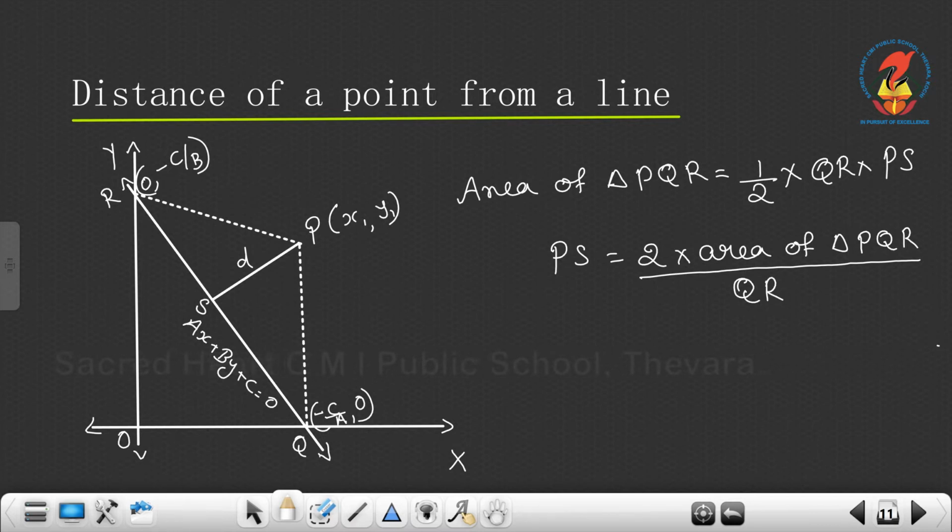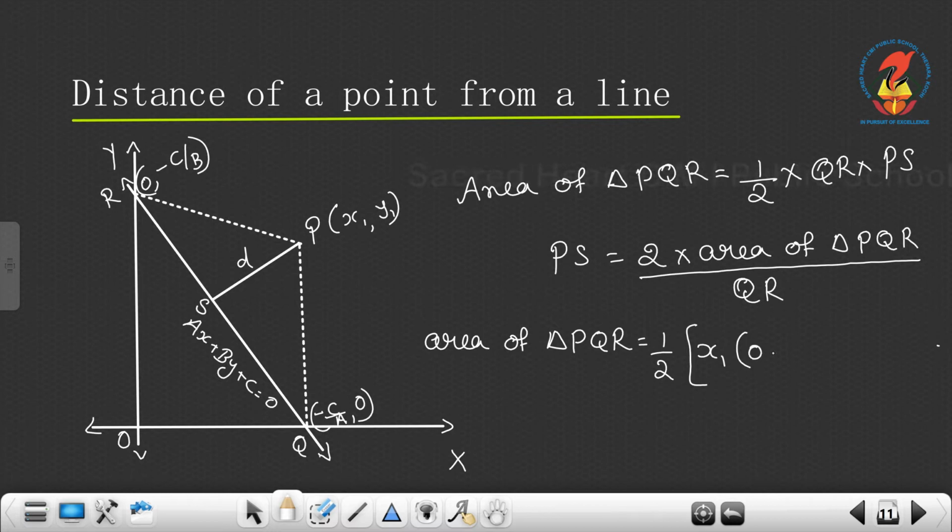Then what is the area of triangle PQR? Three vertices are there, so we can use the formula: if vertices are given, half into x1 into (y2 minus y3), and so on. Here, half into, we take the first vertex P, then Q, then R. So, x1 into (y2 minus y3), y2 is 0, so 0 minus (minus c by b).